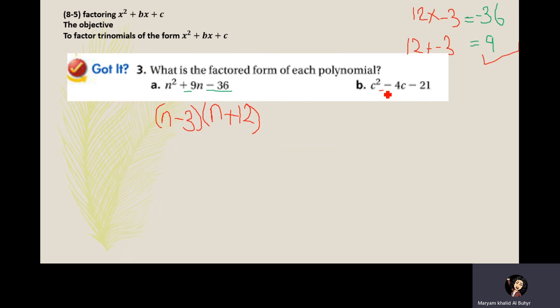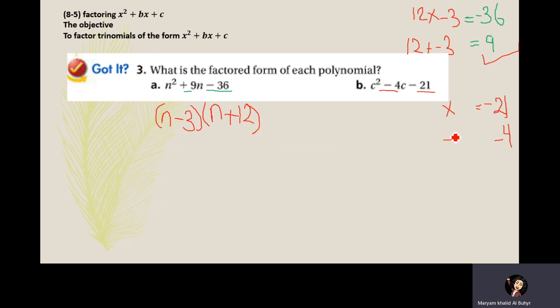Let's see the other one. Now, here both of them are negative, so I must focus. Once I multiply them, I will get 21, and once I add them, I will get -4.